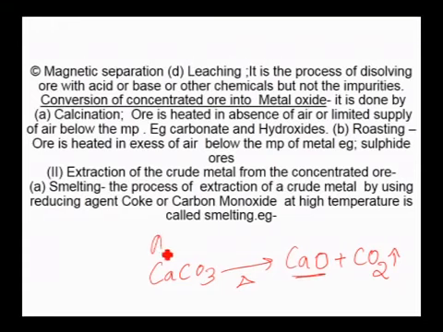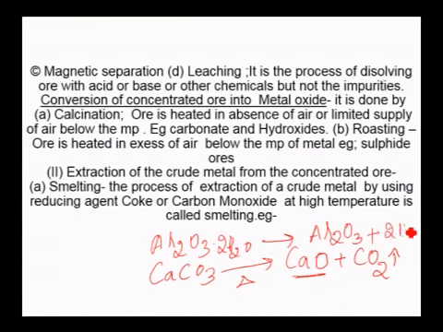Similarly, Al2O3·2H2O on heating is converted into Al2O3 plus 2H2O. So in calcination, the oxide, hydrated oxide and carbonate ores are converted into respective oxides.